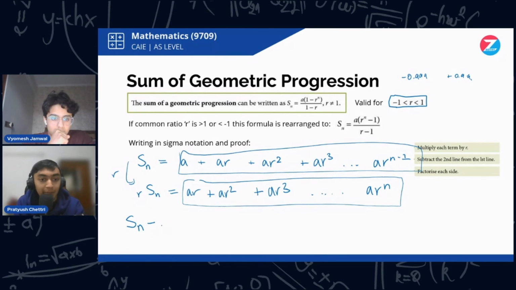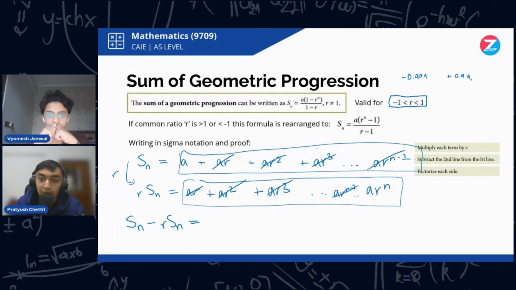Sn minus r Sn. From this, we're subtracting the lower one. So these cancel out, these cancel out, these cancel out, and even we do have an r to the power n minus 1 in here somewhere.